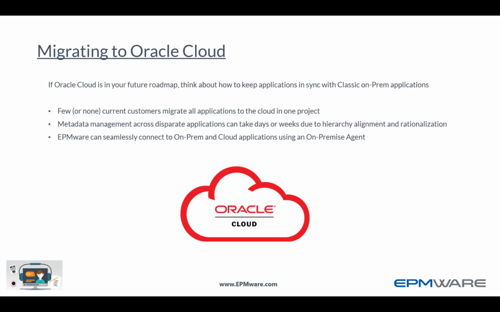And so, it does in EPMware, and to be able to manage metadata like you do in EAS, you can get that functionality in EPMware. And we've had customers tell us that if you guys are able to manage that, then we can go to OAC. And so, it's definitely good to hear those types of statements.